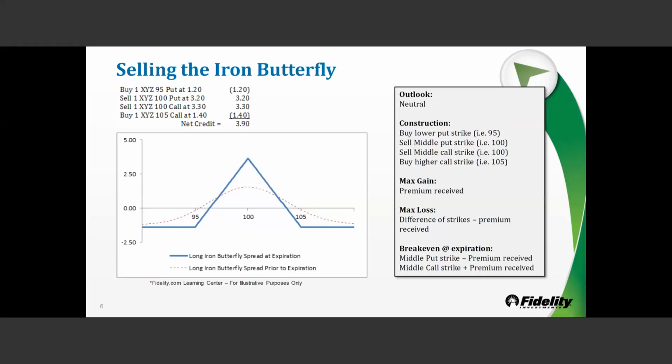The advantage of the iron butterfly is you get more out of it. As you saw here, the net credit is much higher. You got almost $3.90 as your credit, and your loss is going down in a similar situation. This is saying that when you come narrower and narrower on the top side, your credit is going to go higher and higher.